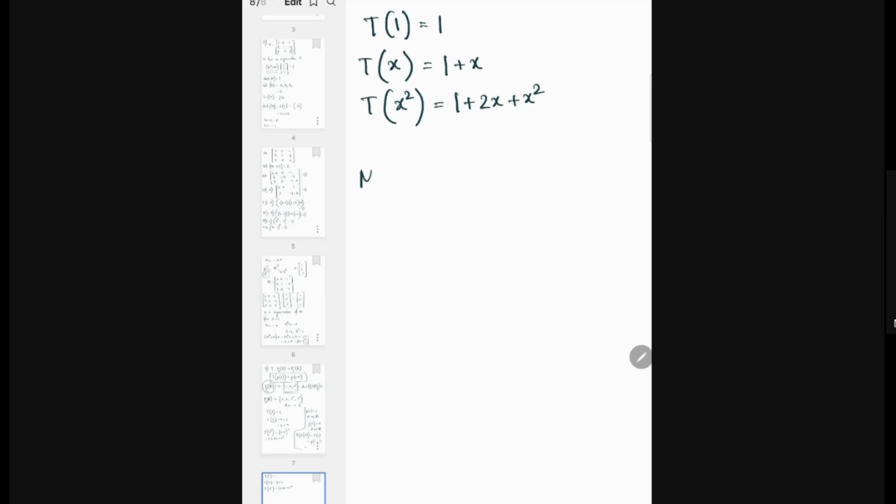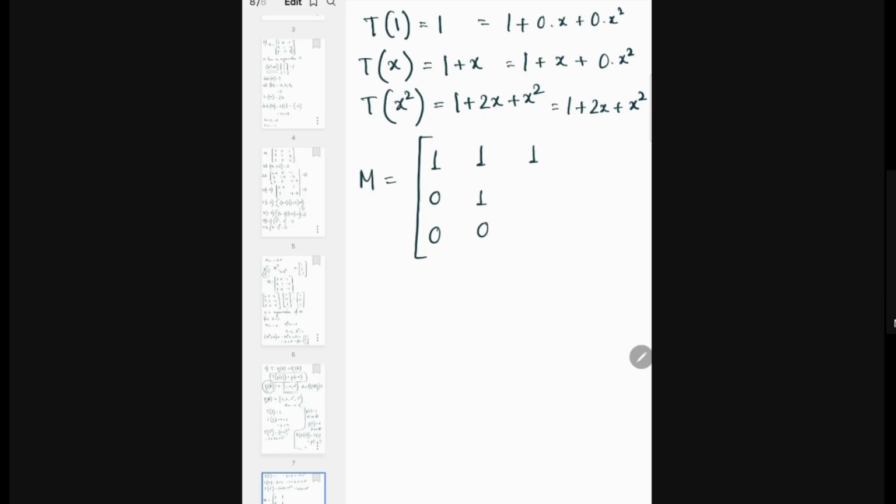So when we write the matrix representation, what should it be? Zero, zero, 1, 1, 0, 1, 1.